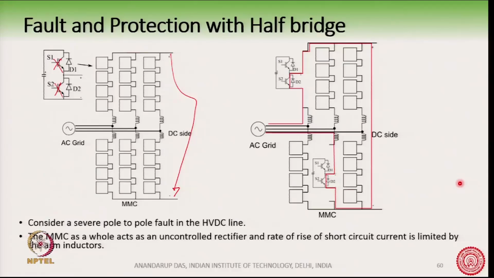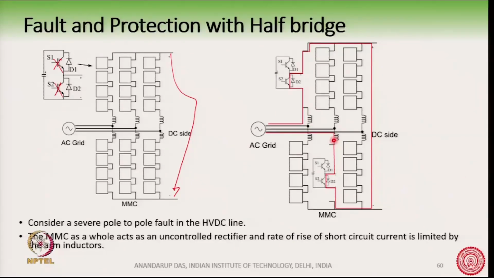The line voltage in the AC grid is impressed across the fault, if we neglect the voltage drop across the diodes. So, the rate of rise of the current will be determined by these two inductors which are on the path, this inductor and this inductor here.